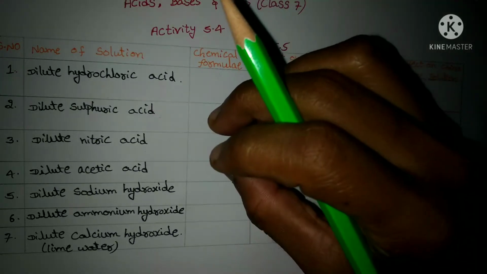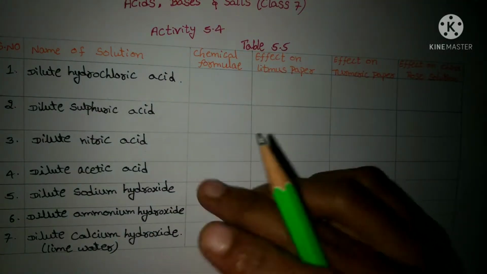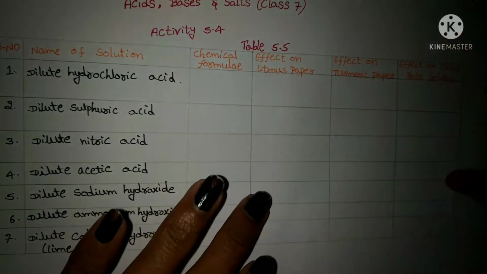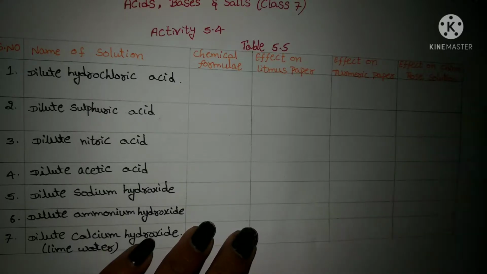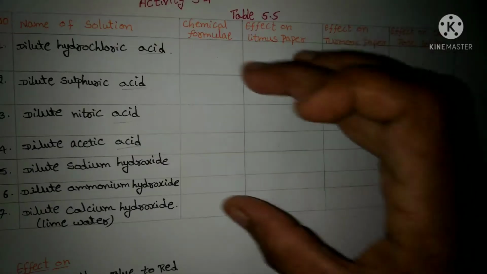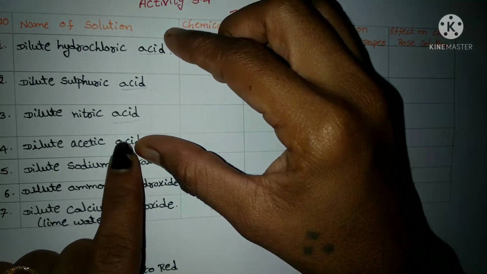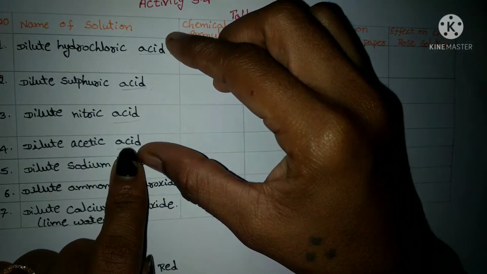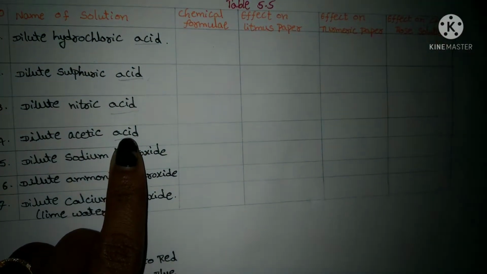How to know whether the given substance is acid or base? If you test, you can find. But if you are not testing, how is it possible? One small trick is there. By seeing the word at the end of the name of the solution, you can blindly find in some cases. But is it possible in all cases? No, it is not possible.